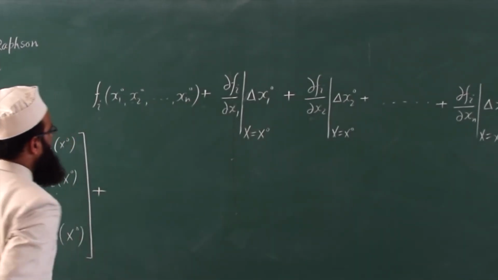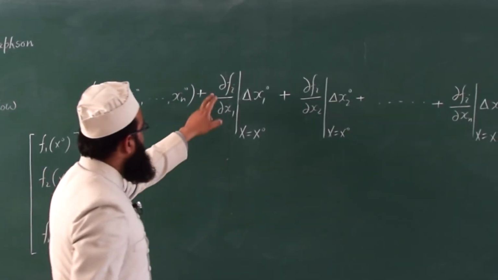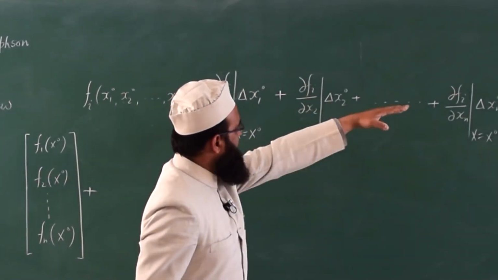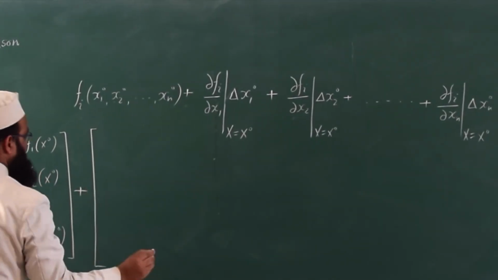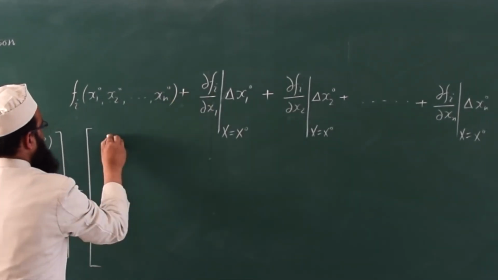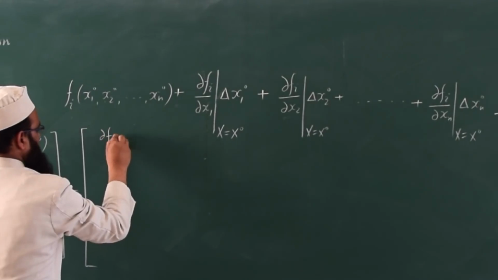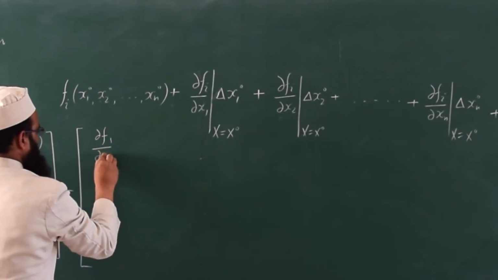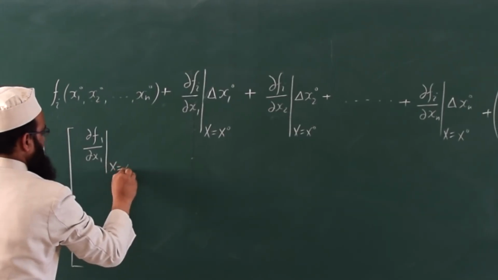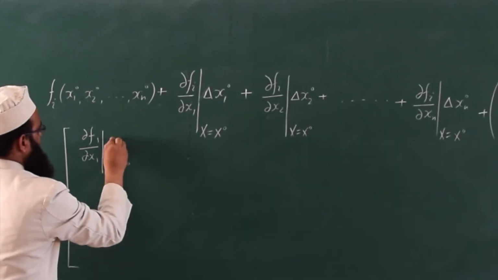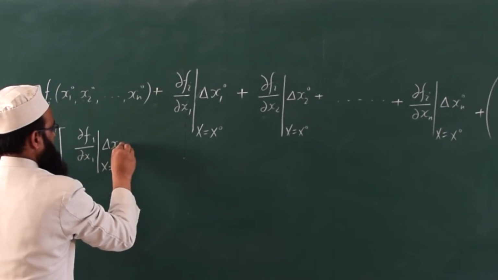The first row will be written as del f1 upon del x1 evaluated at x equal to x0 times del x1 0.